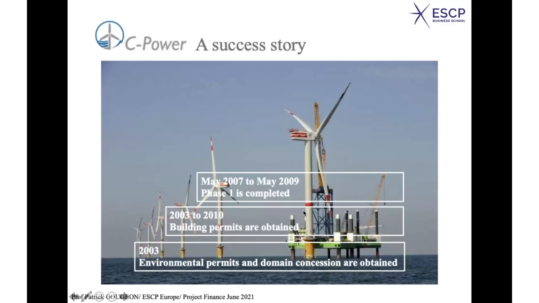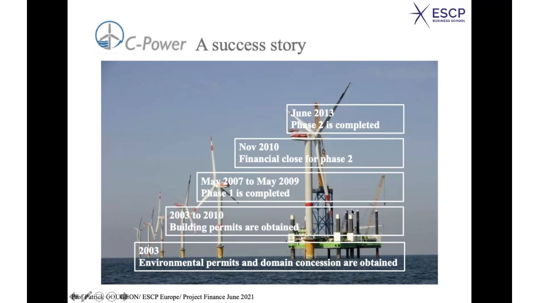Phase one was completed in 2007 to 2009, and then we could move further to phase two and phase three. Phase two includes the two steps after the pilot phase, and the whole thing was completed in June 2013. So it was a kind of success story, and today the project is doing well.